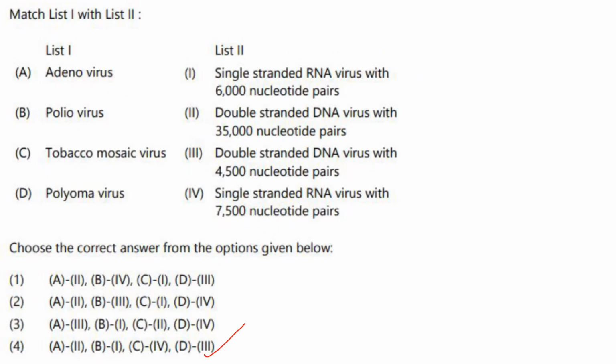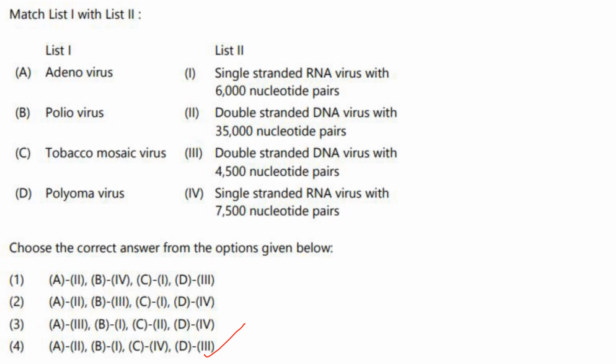Then adenovirus, poliovirus, they have given the viruses and whether they are double-stranded DNA, RNA, single-stranded DNA, RNA, all these things, and the number of nucleotide pairs each has. Adenovirus is a double-stranded DNA virus with 35,000 nucleotide pairs, A2.